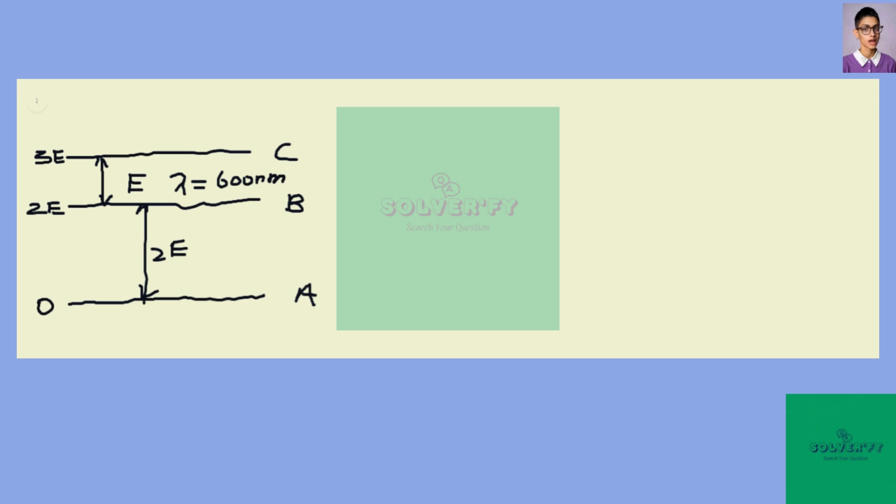And we know that energy equals H times C divided by lambda. This E is the difference between two energy levels. H is Planck's constant, C is the speed of light, and lambda is the wavelength of the electromagnetic wave.